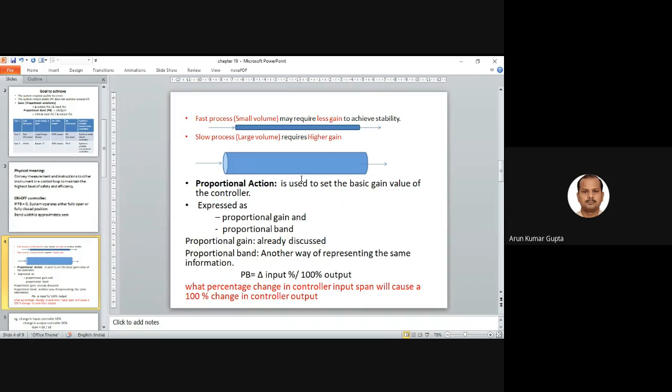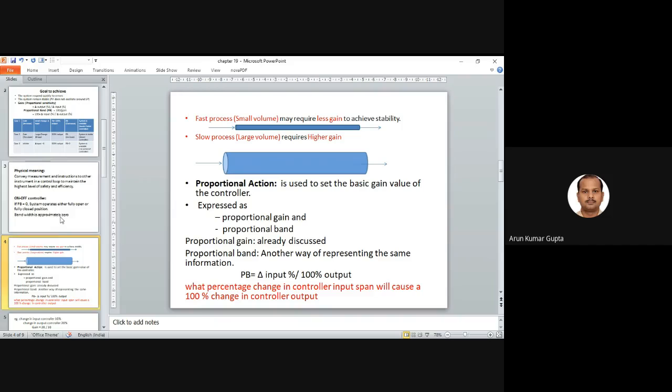It means if you want to see the change in the output for the larger volume, you should apply more input, more change in the input value, right? So that's why you can say slower process means stable process.